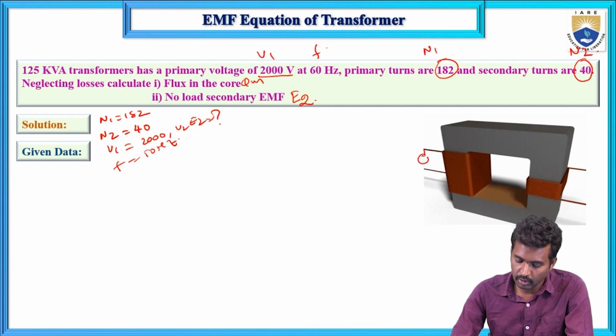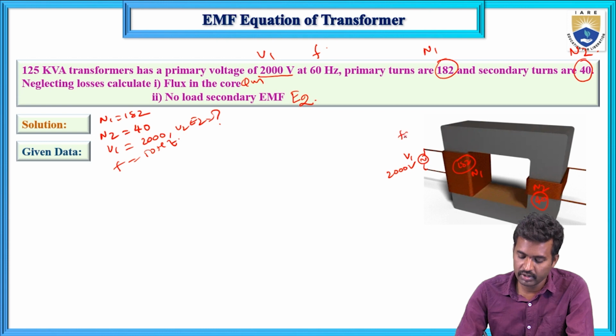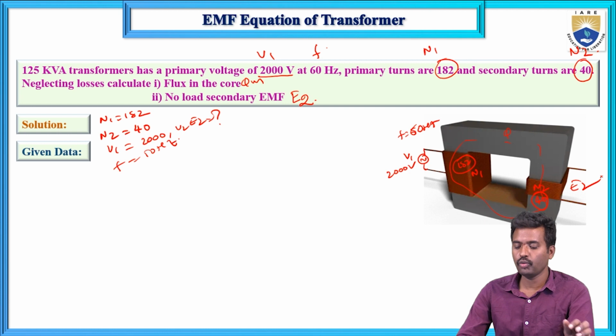This is the supply voltage V1 that equals 2000 volts, and N2 is 40 and N1 is 182 turns, and next the frequency equals 60 Hz. Now calculate this flux value and this secondary induced EMF E2 value.